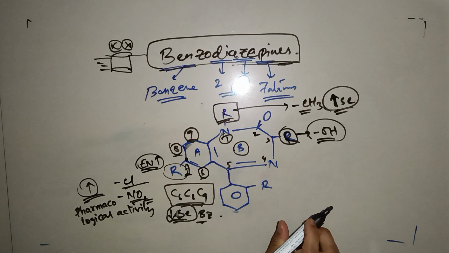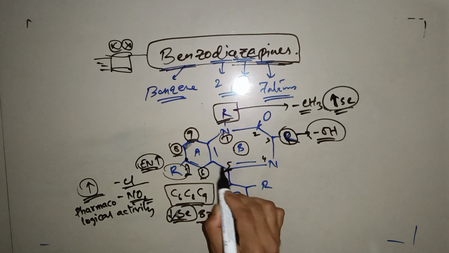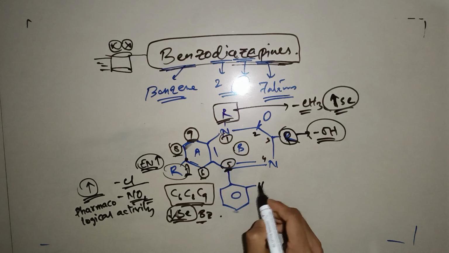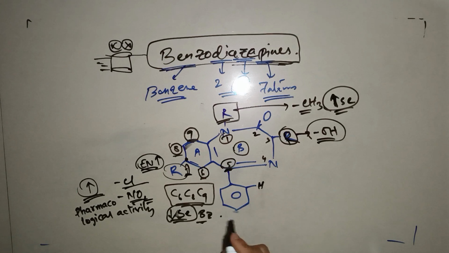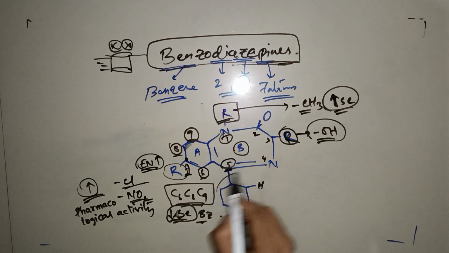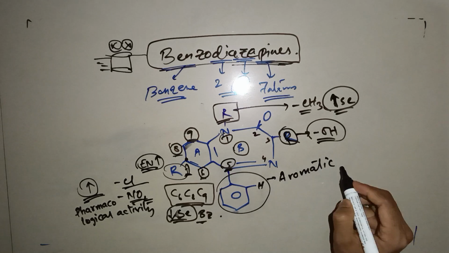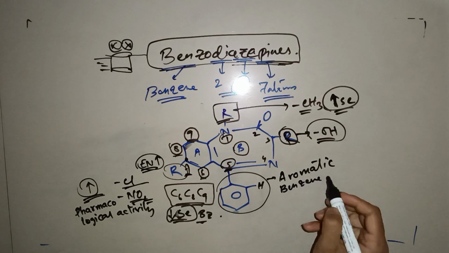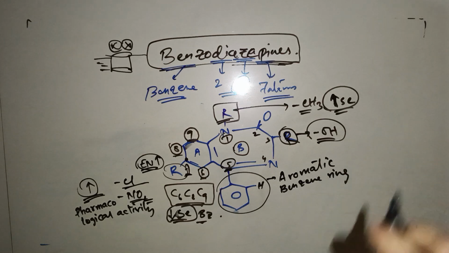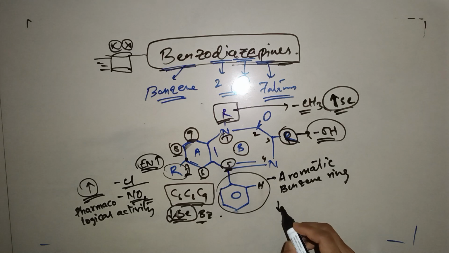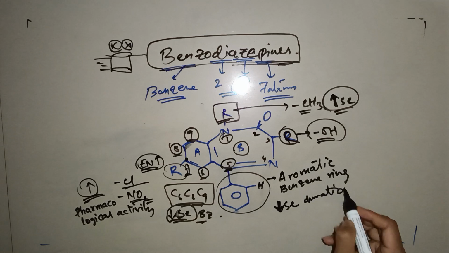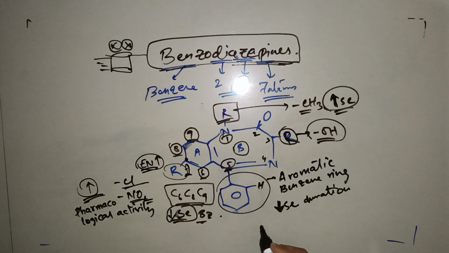And number two, if an aromatic benzene ring is present at the fifth position, in this, if in place of R, H is present, it will act as an aromatic benzene ring, and it will lead to a decrease in the duration of action, that means it will make it short acting.